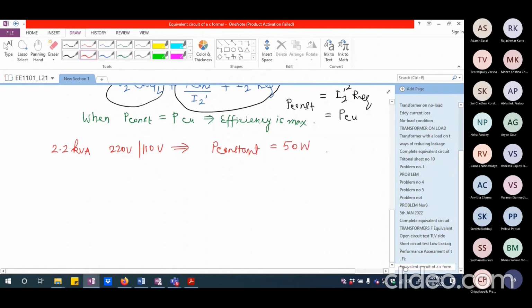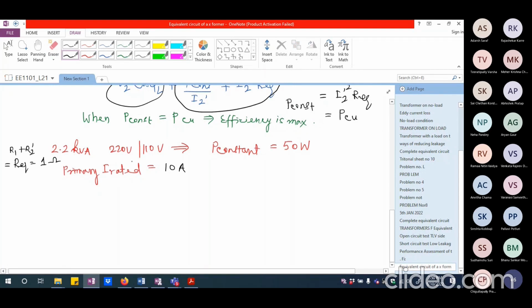And the rated current I rated on the primary side we said is 10 ampere, because 2200 divided by 220. Let us say my R equivalent, that is R1 plus R2 dash, is 1 ohm.